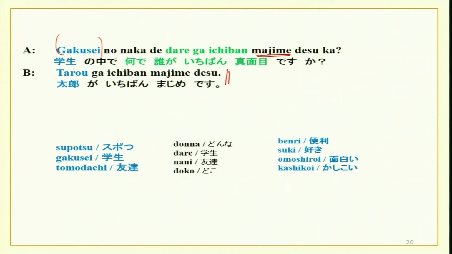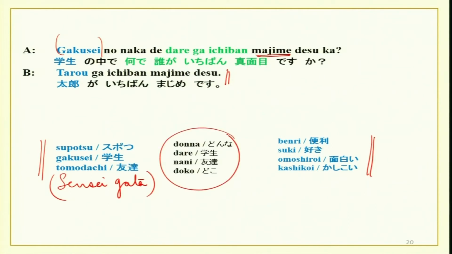Now, there is this example for you. You have a lot of groups over here. Sports, within sports, gakusei within students, tomodachi within friends, sensei gata within this group of teachers, donna, dare, nani, doko you can use.